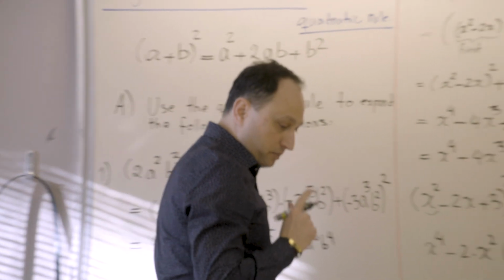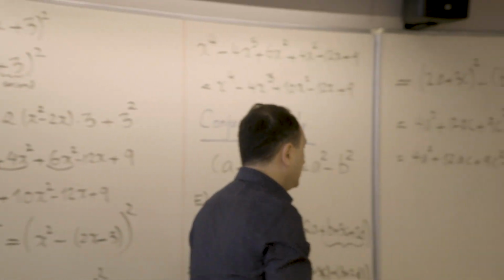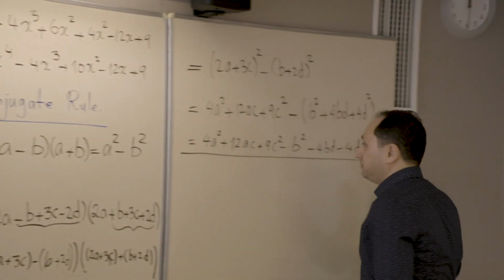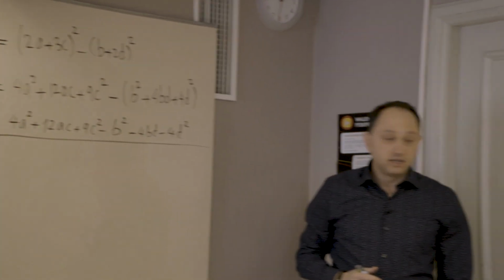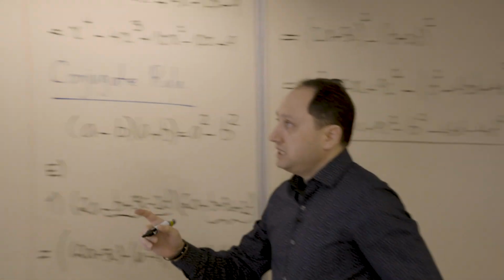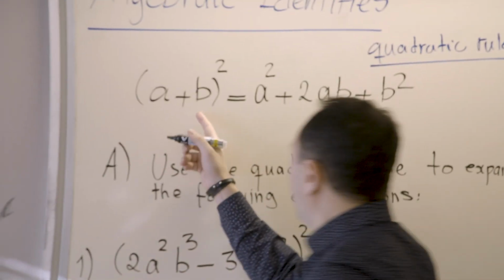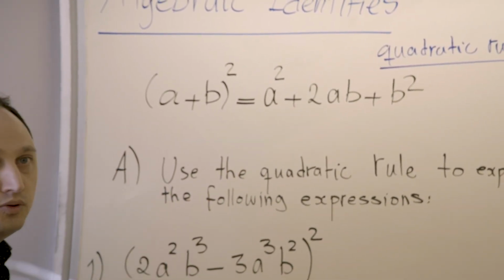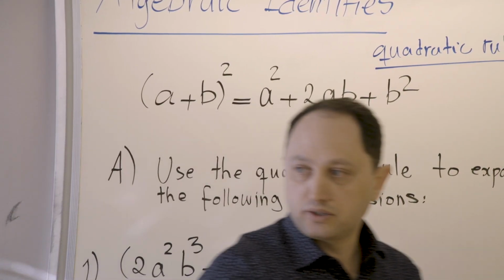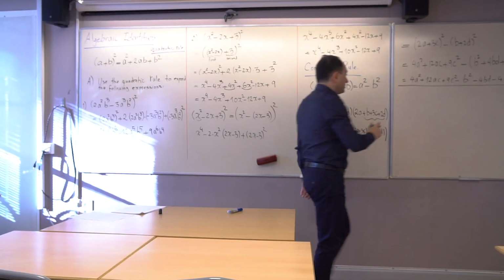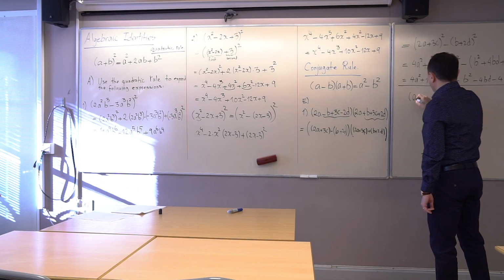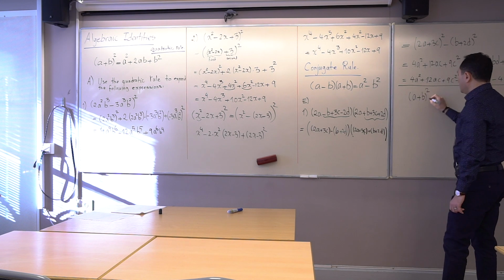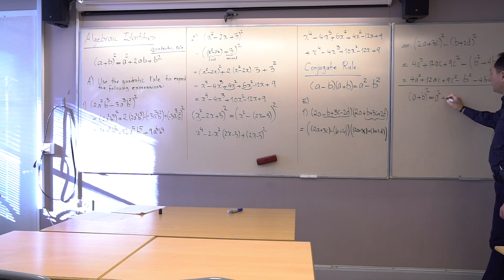But the pinnacle of that session was we learned something new. Yes, do you remember? That was a little bit more exciting. So you see this quadratic pattern, I can deform it into a new form that is useful for some other kind of calculations. Yes? So what do I mean by that? So I have a plus b to the 2 is equal to a squared plus 2ab plus b squared.